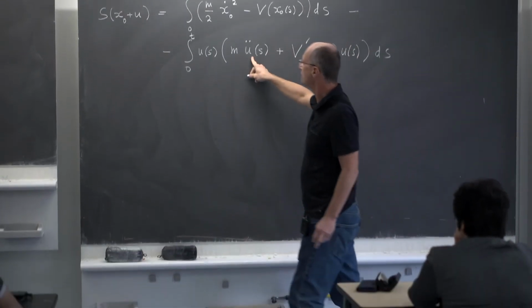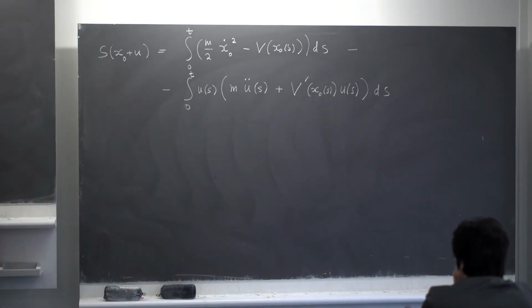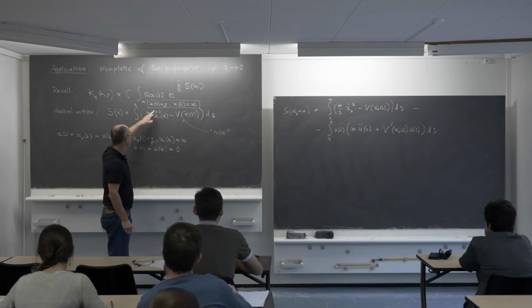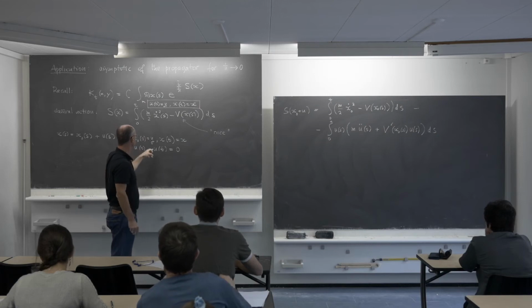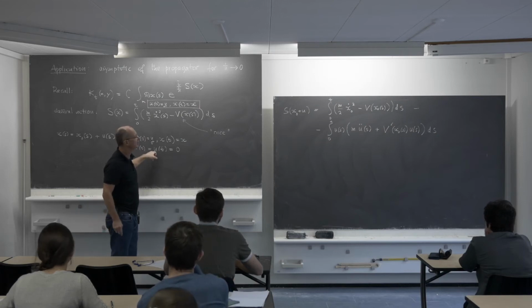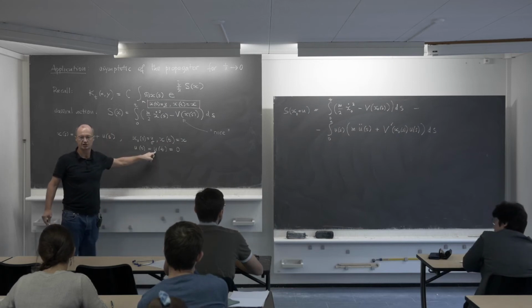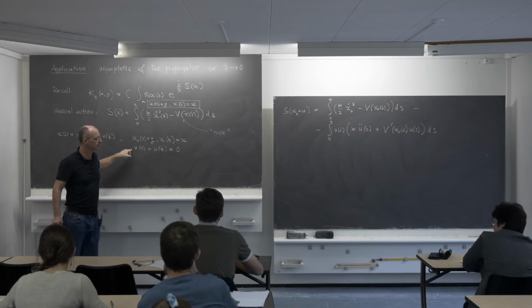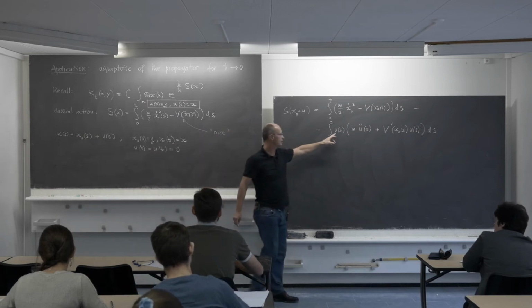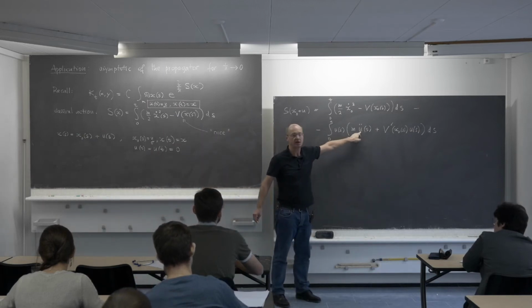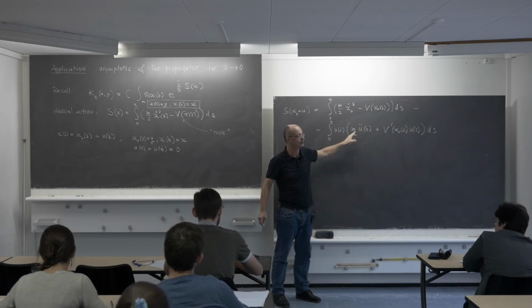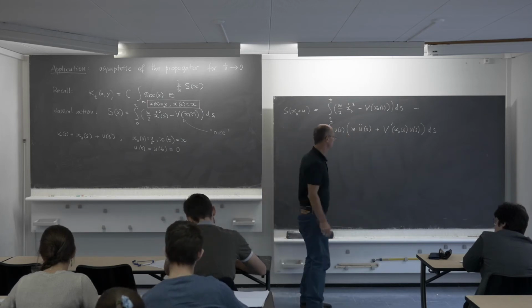And here, a priori I was supposed to get x naught dot times u dot. But then I integrated by parts and used the fact that u vanishes at the endpoints of the interval. So this means that there is no extra integral term, and here I have u double dot instead. So that's the result of the integration by parts.